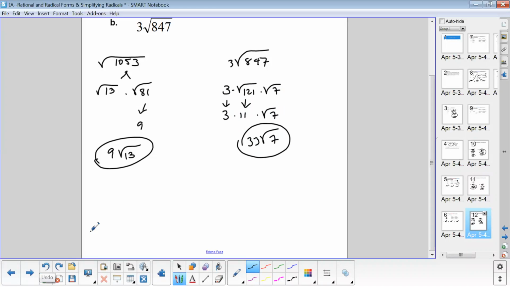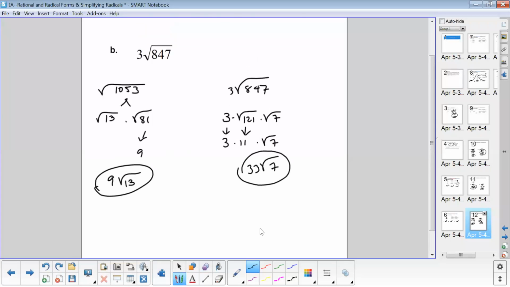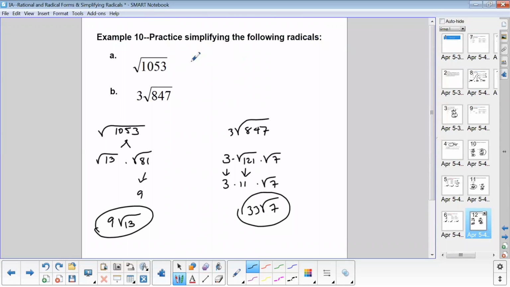So again, just to recap, what are you looking for when you're trying to simplify your radicals? If it's a larger number, you can type the number divided by x into the y equal, go to second graph to check your table, and you're looking for one factor to be a perfect square.